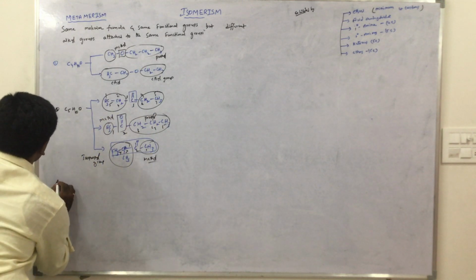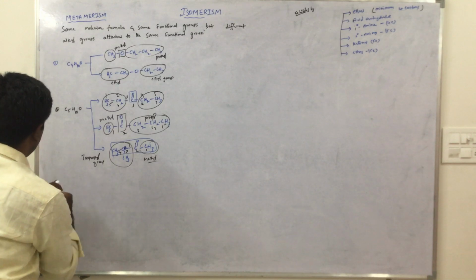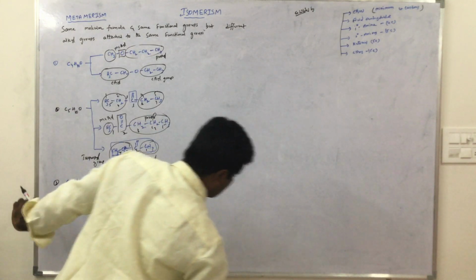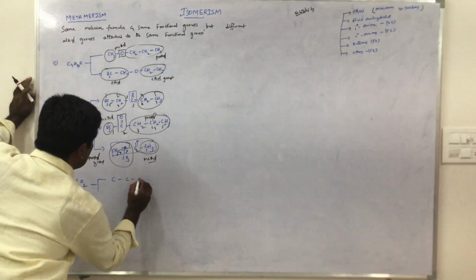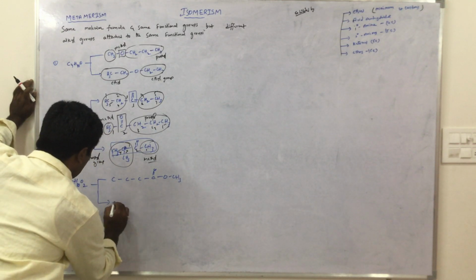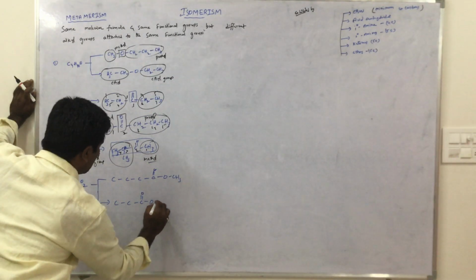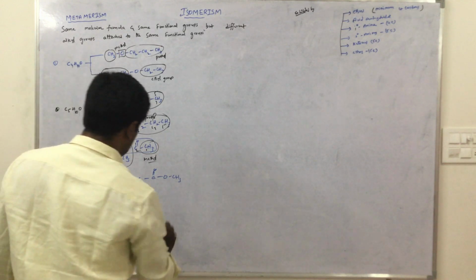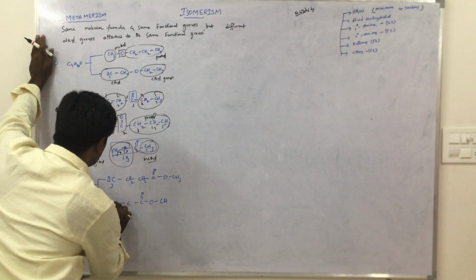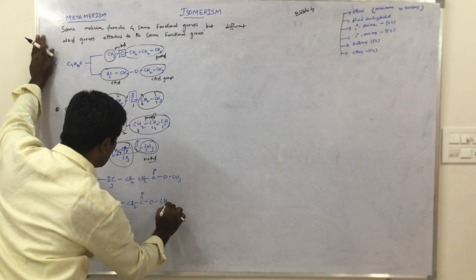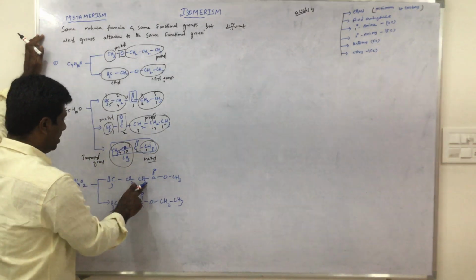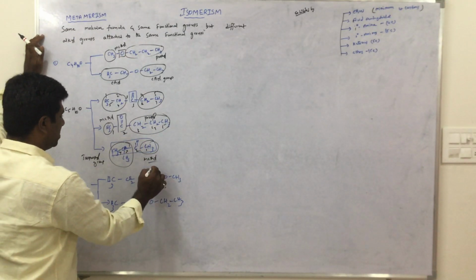Now one more example, C5H10O2: CH3-CH2-C(=O)-O-CH2-CH3, and CH3-C(=O)-O-CH2-CH2-CH3. 5 carbons, 10 hydrogens and 2 oxygens.